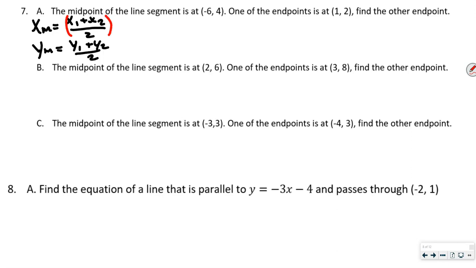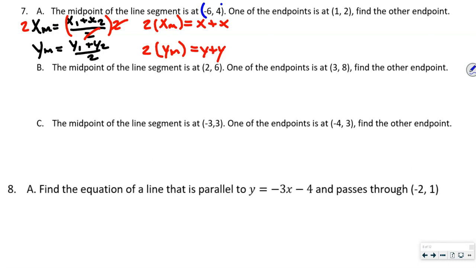If I multiply both sides of this by 2, now my 2's gone from there. So that means I would do 2 times my midpoint, and that's going to be equal to our 2 x's added together, right? Same way down here. So this will be 2 times my y midpoint, and that would be equal to my 2 y's added together. Okay? So let's see how that works with this particular problem.